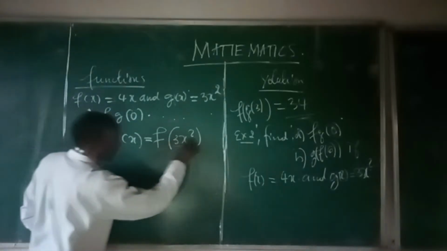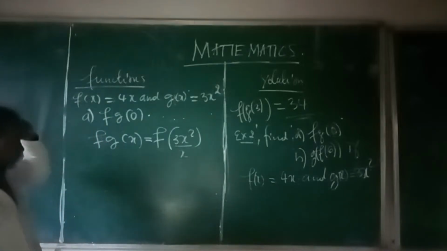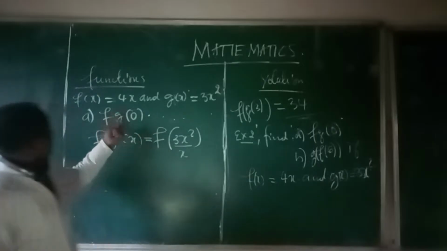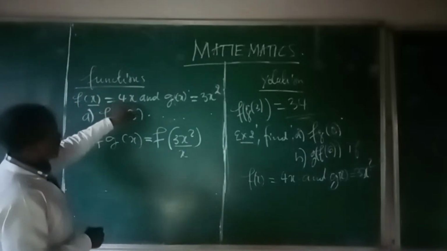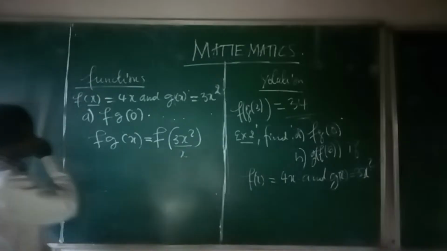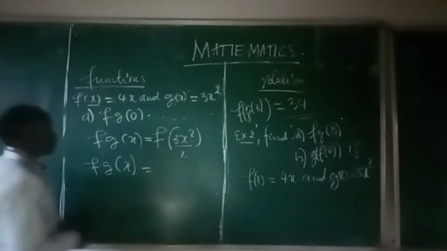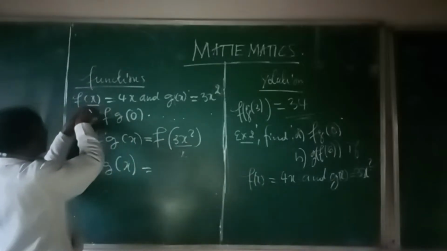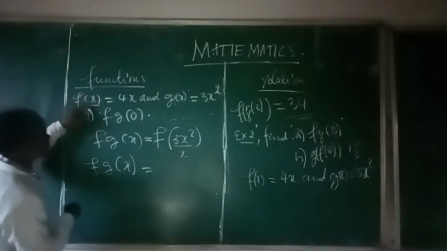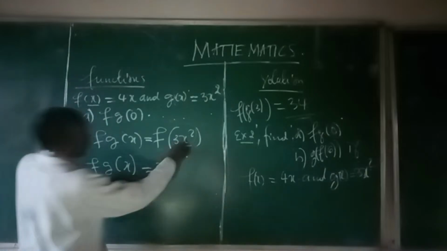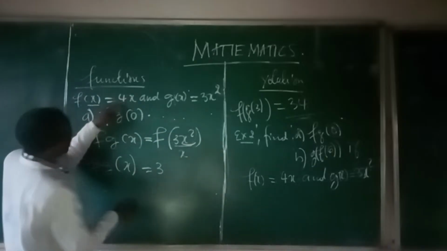So back to our function where we have x, we have to put 3x squared. Now f of g of x will be 4 times 3x squared, right?